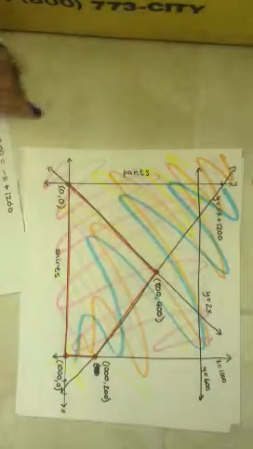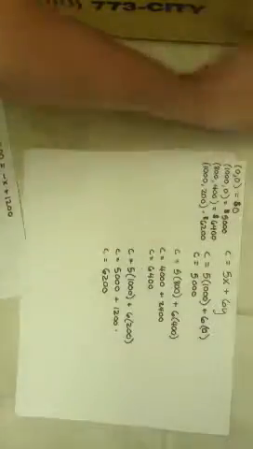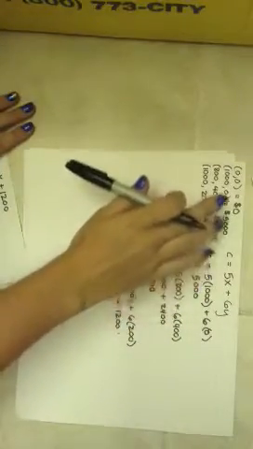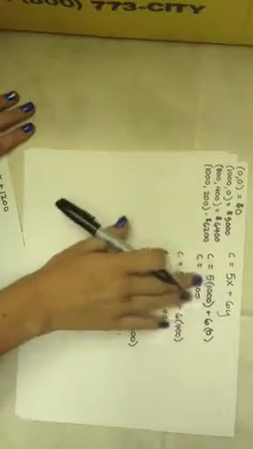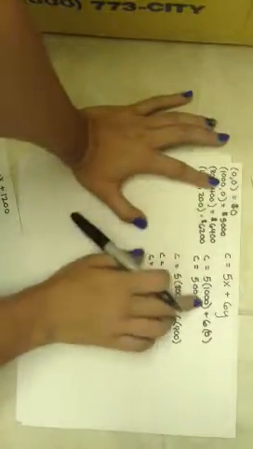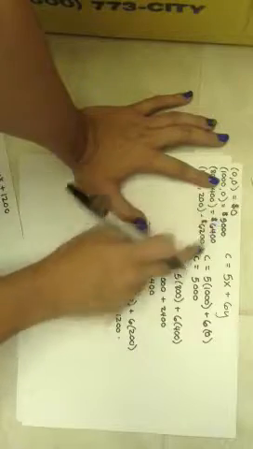So basically now what you have to do is you take the corners and you plug them into the objective function. For 0, 0, there is obviously no profit. You didn't sell anything, so duh. For this one right here, you plug 1,000 into the equation and you get $5,000.